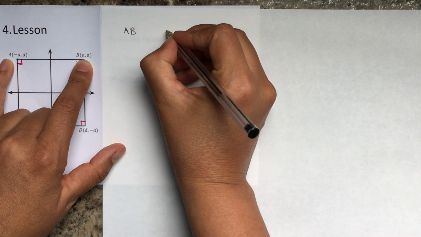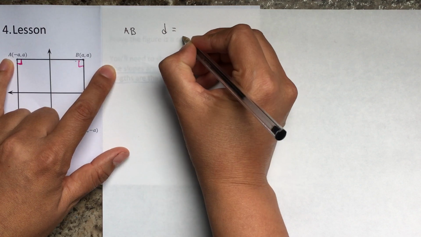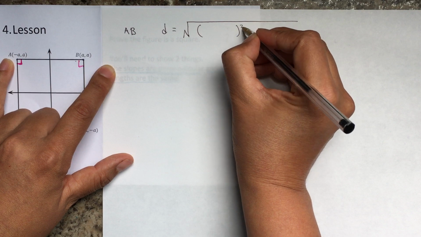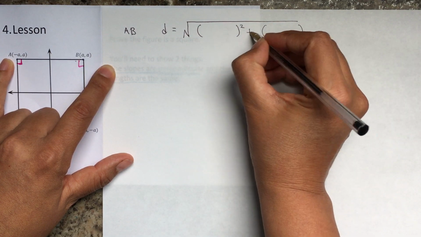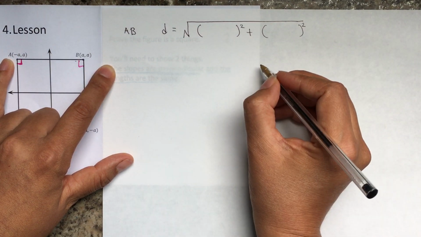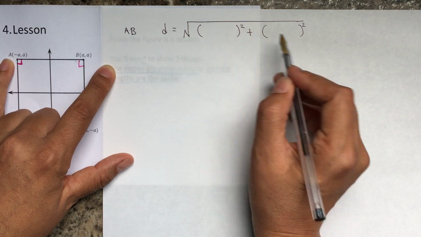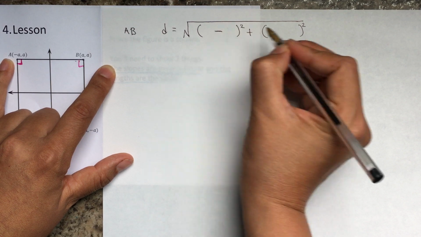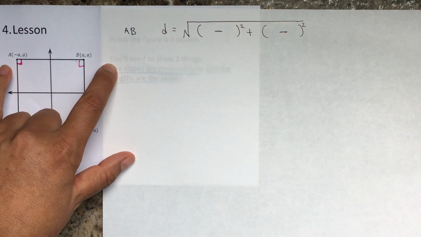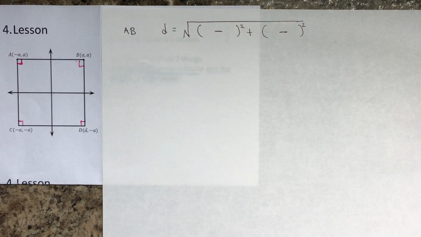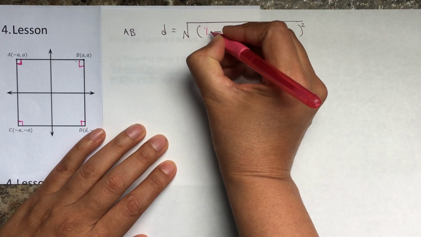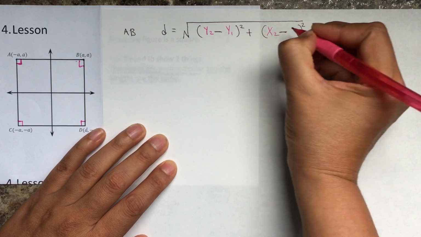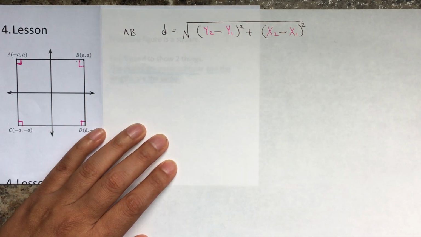AB, and the distance formula, if you remember, is the square root, and then we open 2 parentheses with a plus in the middle. Okay, 2 parentheses, both squared, and the plus in the middle, and then we're gonna have a minus in both parentheses, and we will always have y2 minus y1, x2 minus x1.